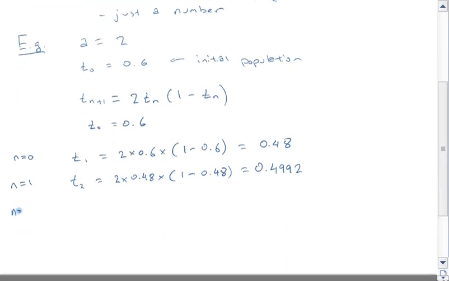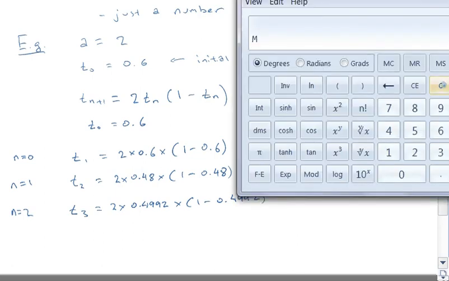So now let's work out the next term. 2 times 0.4992 times 1 minus 0.4992 is equal to, okay, let's work this out.